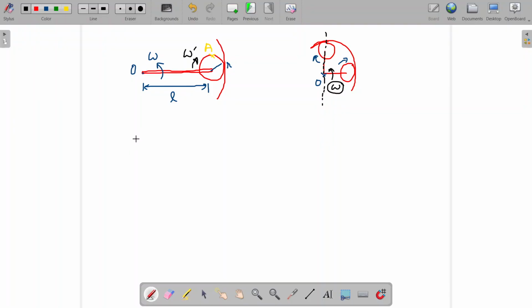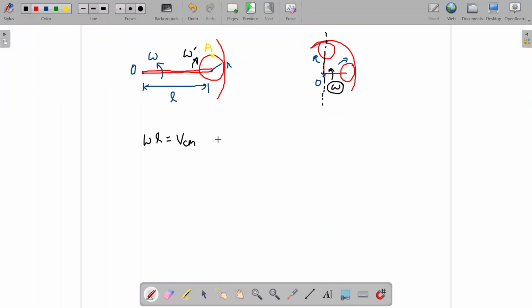Whatever the angular velocity of the rod is, it will provide the velocity omega L to the center of the disk. This is the velocity of the center of mass of the disk, VCM.